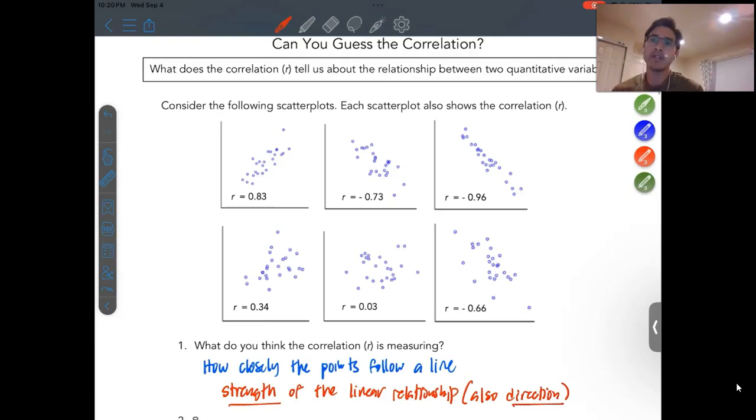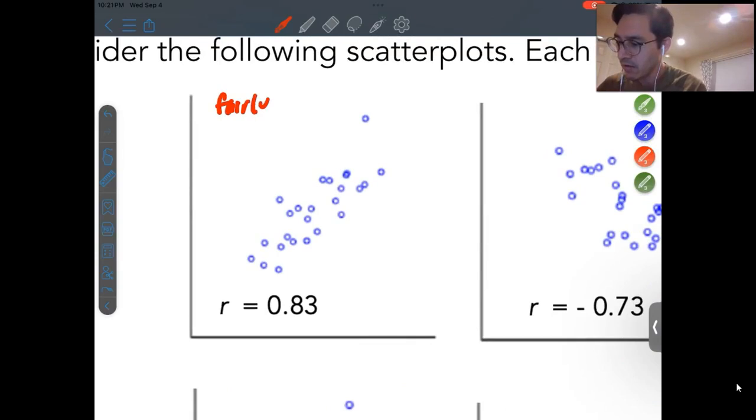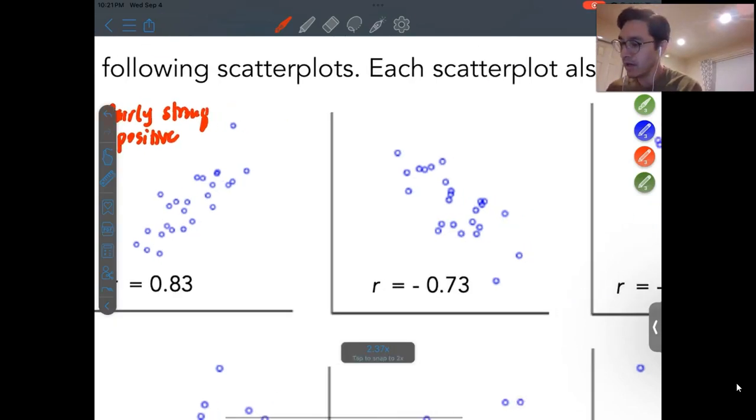All right, let's add some verbal descriptions next to each of these scatter plots. So for the first one, we could describe this as a fairly strong positive relationship. Top middle would be a moderate negative relationship.